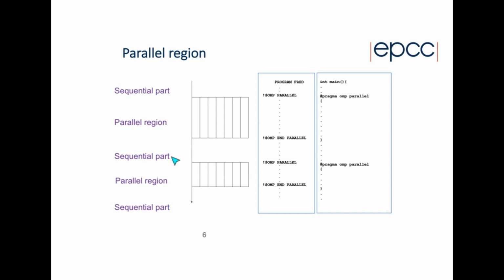We're back in what OpenMP terms the sequential part of the program, and we're back to single-threaded execution on the master thread. And then we can repeat this process as many times as we like throughout the lifetime of a program. So a long-running application could execute millions of parallel regions during its lifetime.